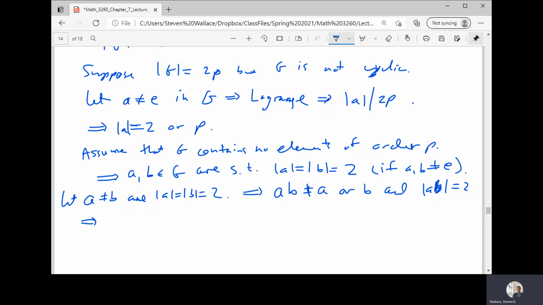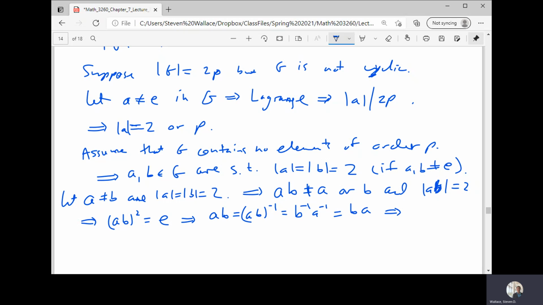Anyway, we can show that that means that AB squared is the identity. So that means that AB equals AB inverse, which is equal to B inverse A inverse. But B inverse A inverse is equal to BA.